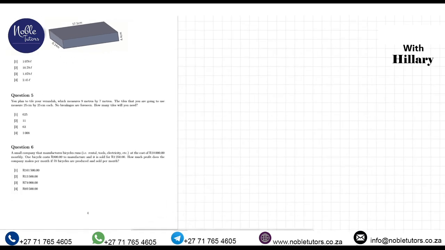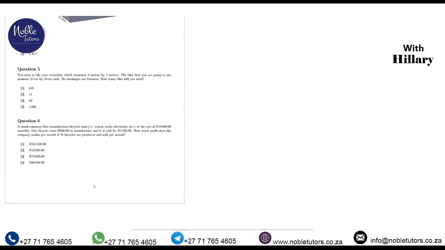Now if you look at question number 5, it's also another question that they can ask you in the exam. It doesn't have a shape, but they ask you under measurements. So we need to look at it and see how we should answer it. They said you plan to tile your veranda, which measures 9 meters by 7 meters.